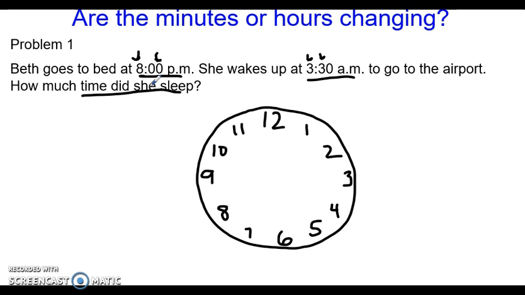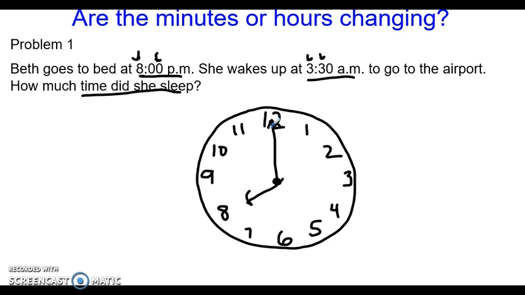So I'm going to start by drawing the first time, 8 p.m. So for 8 p.m., my minute hand is on the 12, and my hour hand is on the 8. Now I'm going to start by moving my minutes. So, to add 30 minutes, I need to count my minutes by 5s.